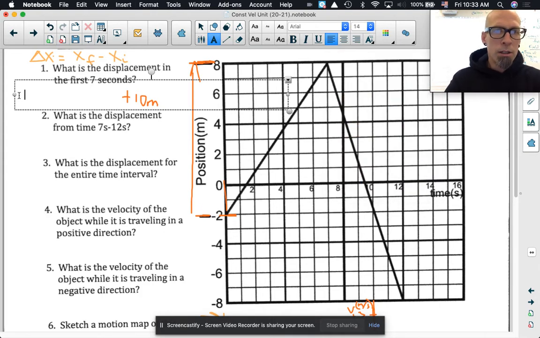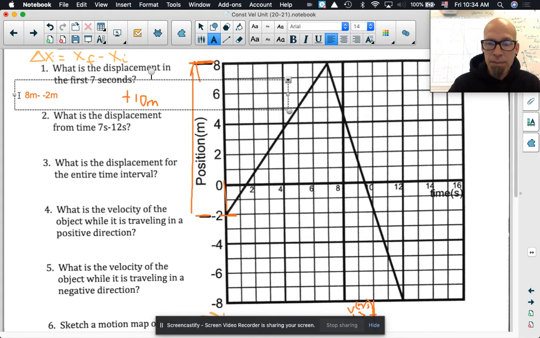So if you take your final position, which is 8 meters, minus where you started, which is -2 meters, what is 8 meters minus -2?